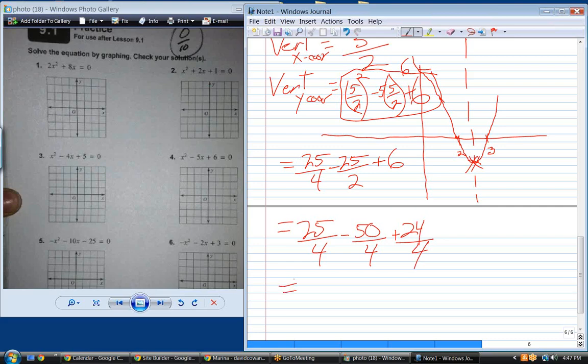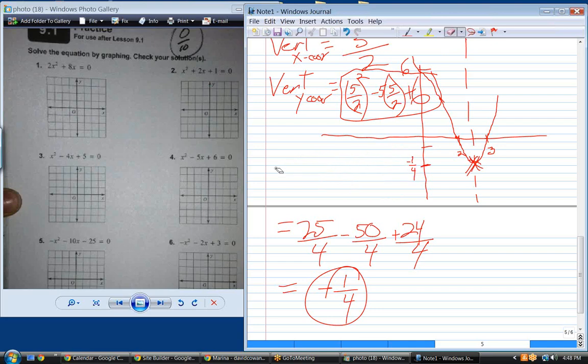So if I do that math, I get minus 1/4. So this value comes at minus 1/4 right there. Or let me just label that point where I have it drawn as minus 1/4. This is minus 1/4. And now I've accurately drawn my graph completely.